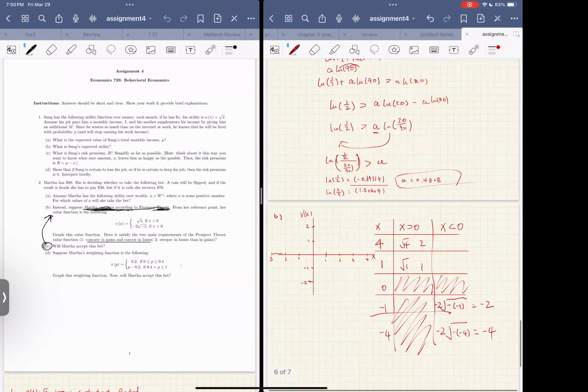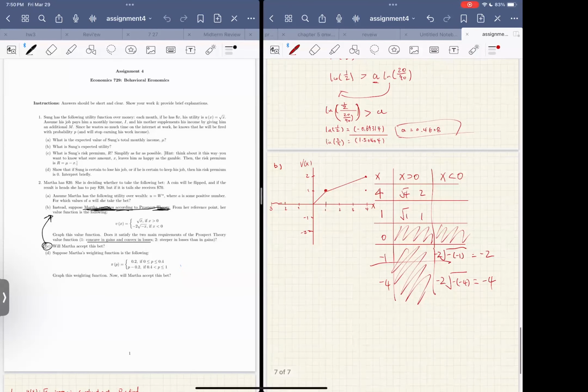And then we just plug it in. If X equals 4, then V of X equals 2. If it's 1, it's 1. So connect them. If it's -1, it's -2.